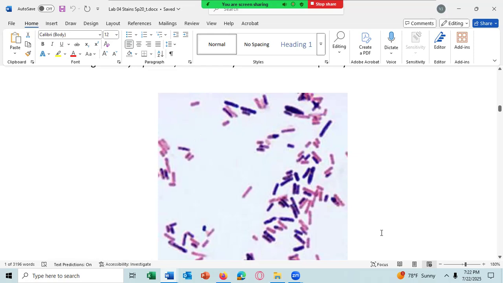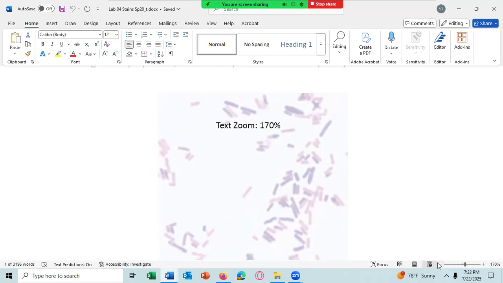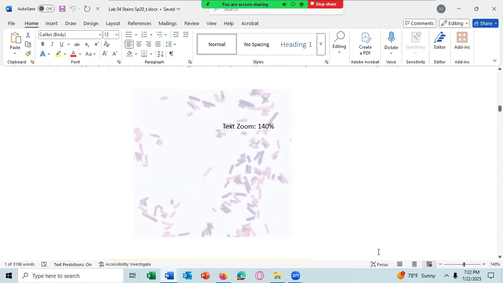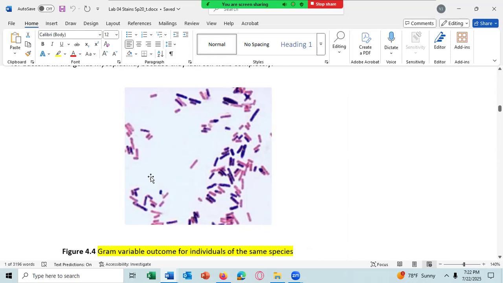And what happened is somebody did a gram stain on an old culture of Mycobacterium, and then all the dead cells are staining gram negative, and all the viable cells are staining gram positive. And that's why.